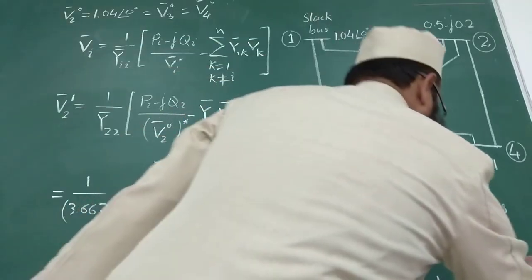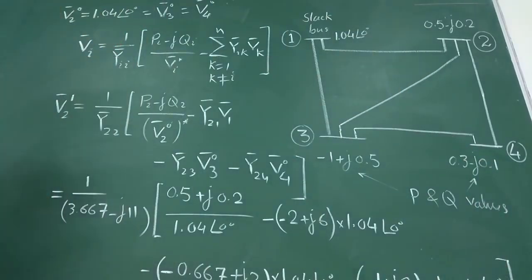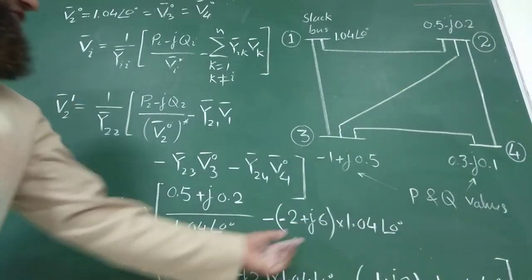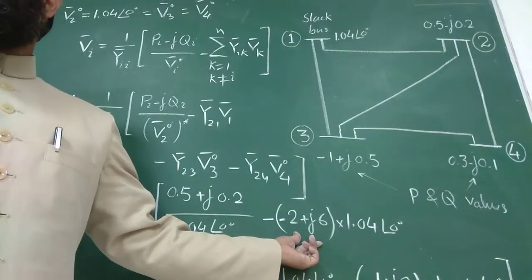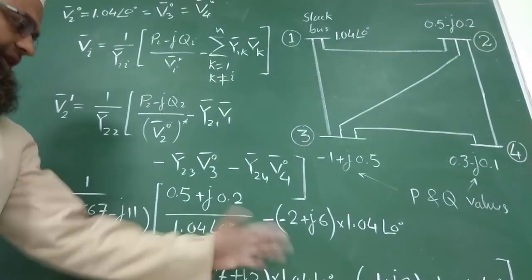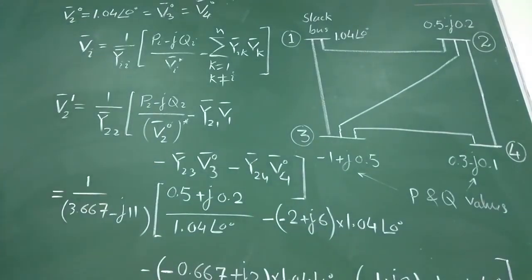Fine. So just evaluate it. You know how to evaluate. While multiplying, better transform this rectangular form into polar form, and multiply magnitudes together, add the phase angles together and solve it. So tell me the final value.